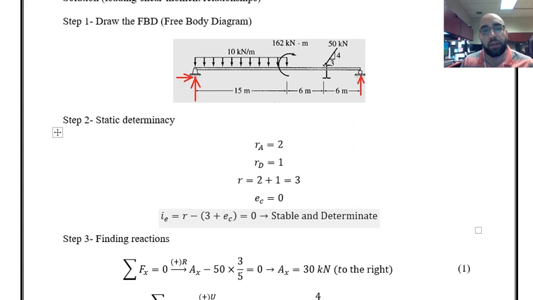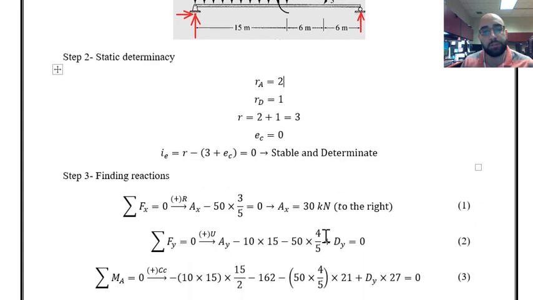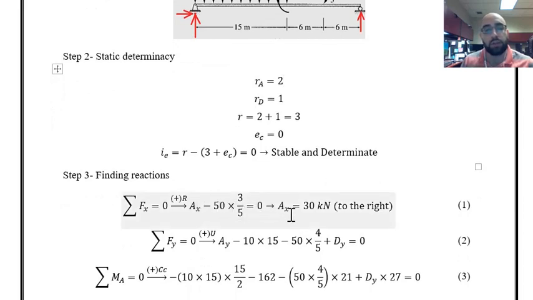So the horizontal component of this should be 50 multiplied by 3/5. That's what we have over here.